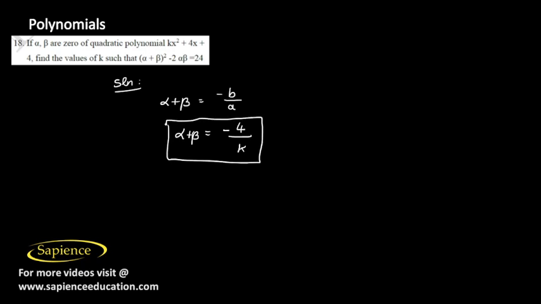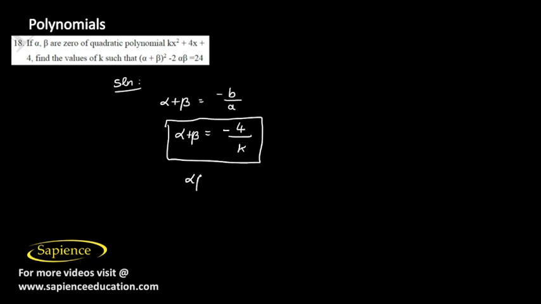So we know from the relation between the zeros and coefficients that alpha plus beta should be equal to minus coefficient of x by coefficient of x square. So in this case it will be minus 4 divided by coefficient of x square, which is k. Alpha plus beta is minus 4 by k.